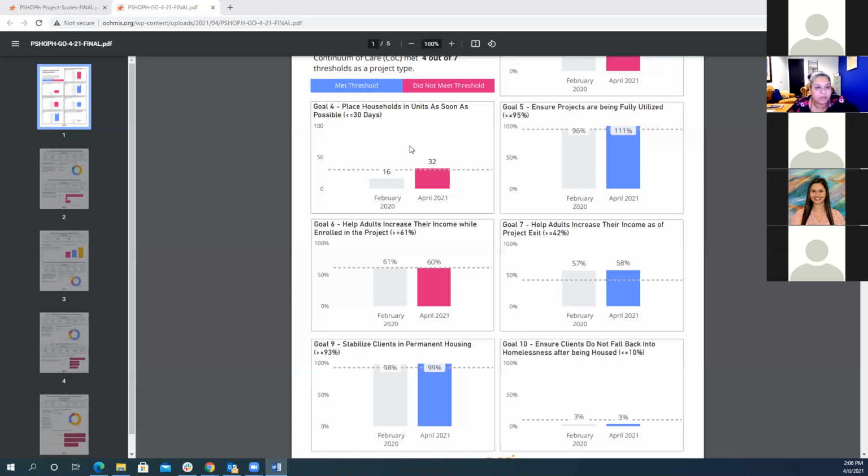So if we looked at everybody active in the project, almost all the clients had 0 days between their project start and their housing move-in date. In order to get a better understanding of how long it's actually taking new clients to be placed in housing units, we're only including new enrollments during the reporting period. So that's why we had that increase there. This number should be a little more stable in the future.